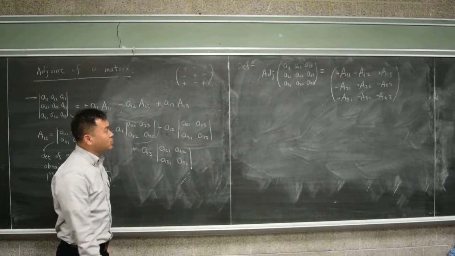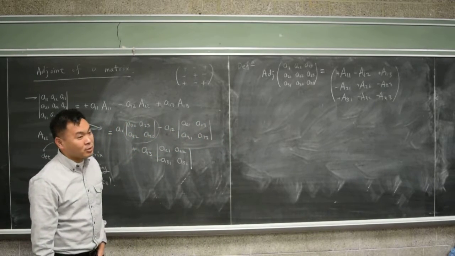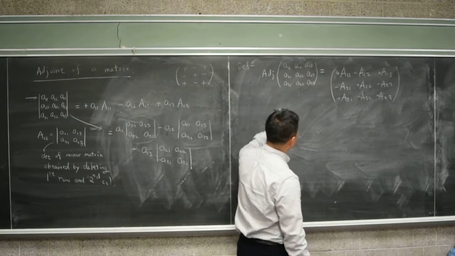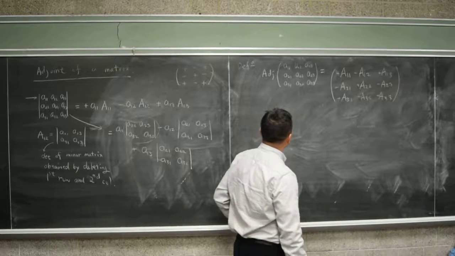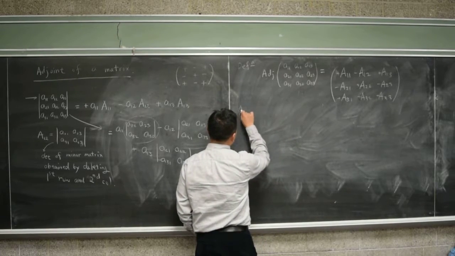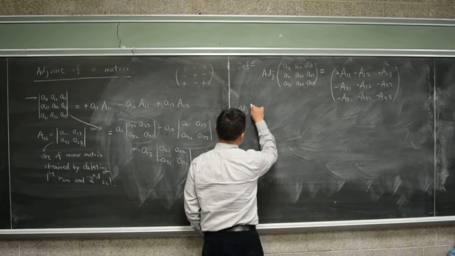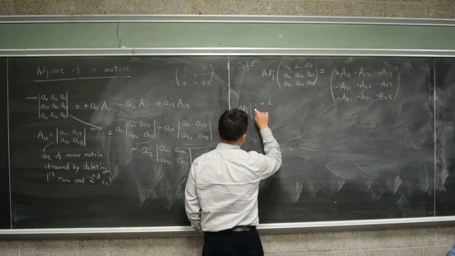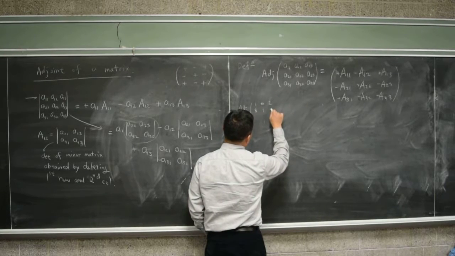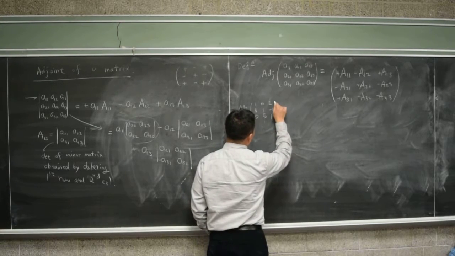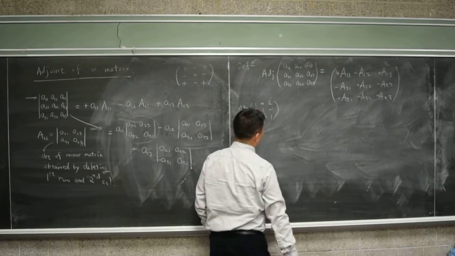Now, those of you who don't like these abstract definitions might want to see this actual thing. Let me show you how this is computed. For example, if I want the adjoint of the matrix with rows 1, 0, 2; 3, 1, -1; 0, 5, 1.